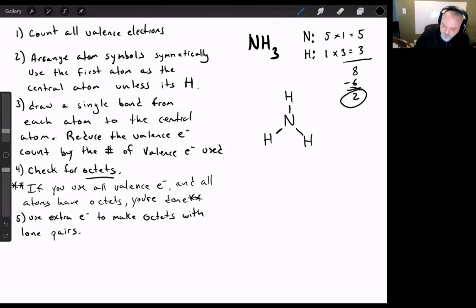Electrons in this course will always 100% of the time go in pairs. This full count will always be an even number. Okay. Now I recheck for octets.